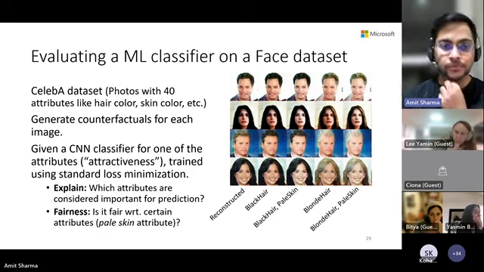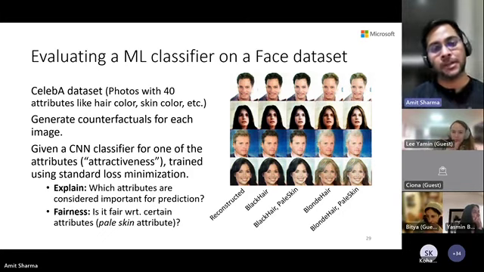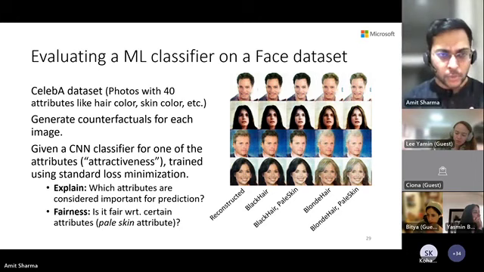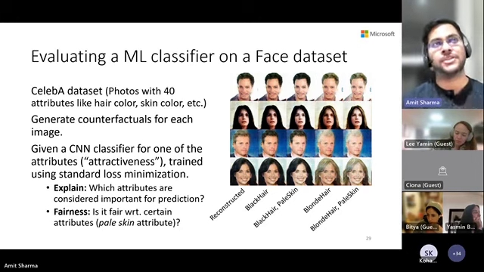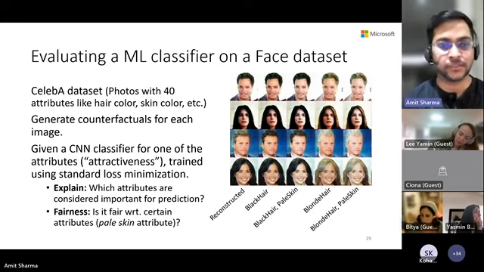You can actually do that now. You take the same person, you generate multiple images with multiple attributes, and you can feed that to a machine learning model and check whether it still gives you the same accuracy or the same outputs that you were expecting.